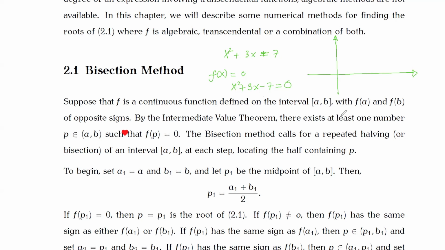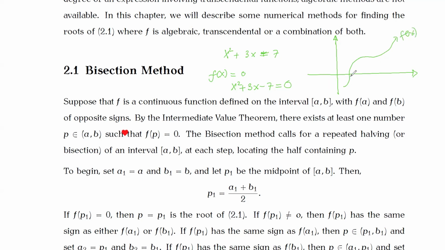Every time the function crosses the x-axis, the point where it crosses is called a root of the equation, or a zero of the equation. So you may have a function something like this. This function is f of x.